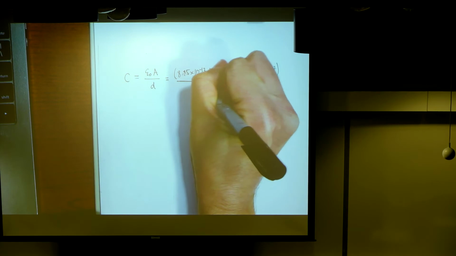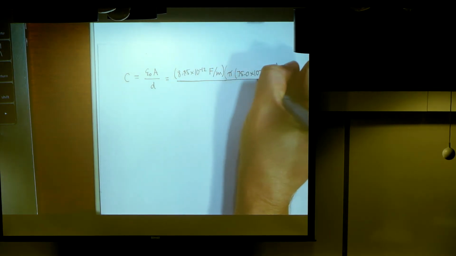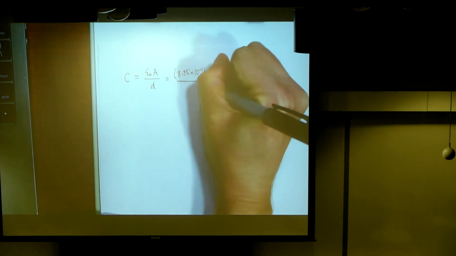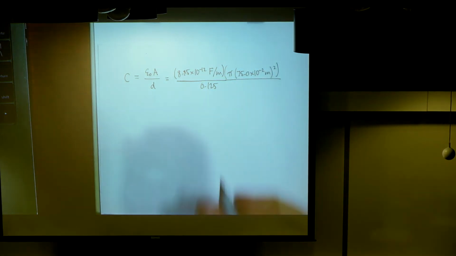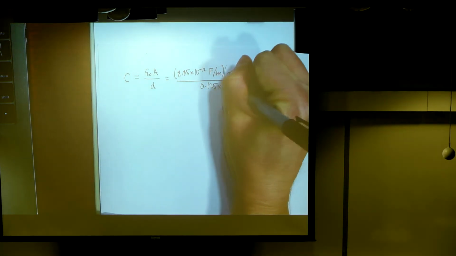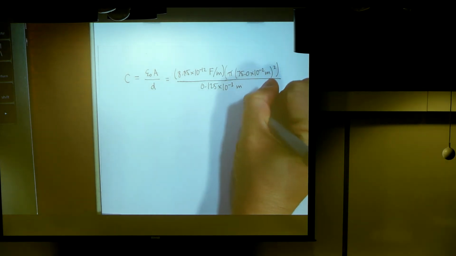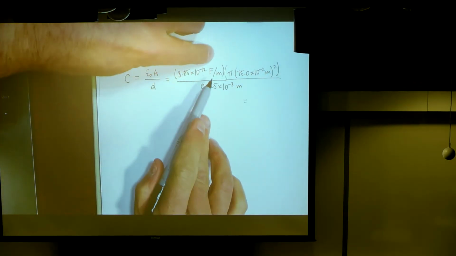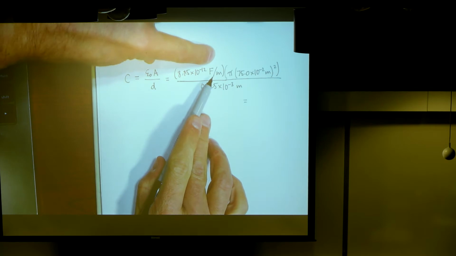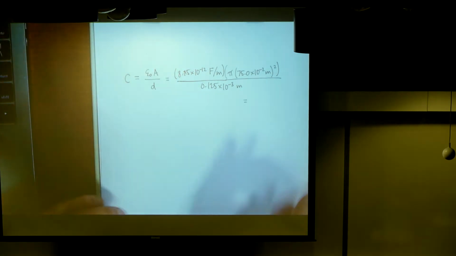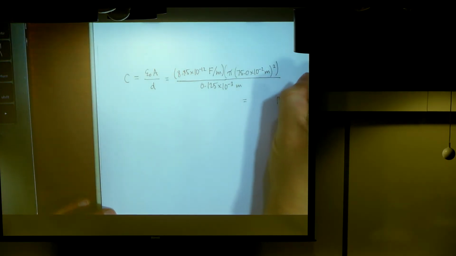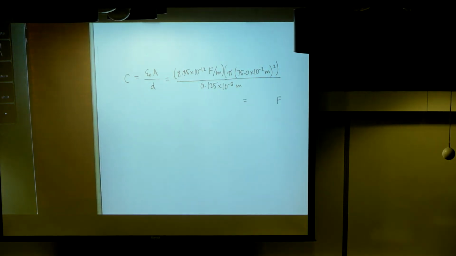And then the distance between the two plates, d, is 0.125 millimeters, so that's 10 to the minus 3 meters. Okay, so hopefully, if you believe me that this is a way we can write the units for epsilon naught, that this will come out in farads. So someone crunch those numbers for me.